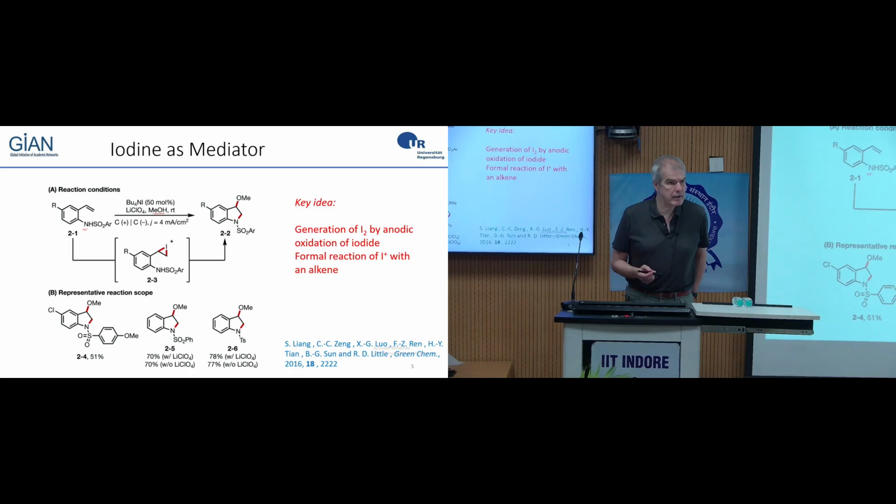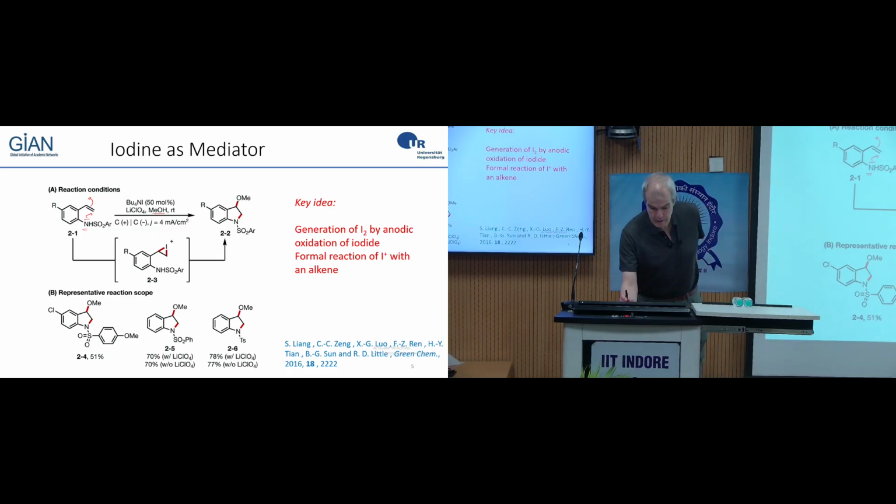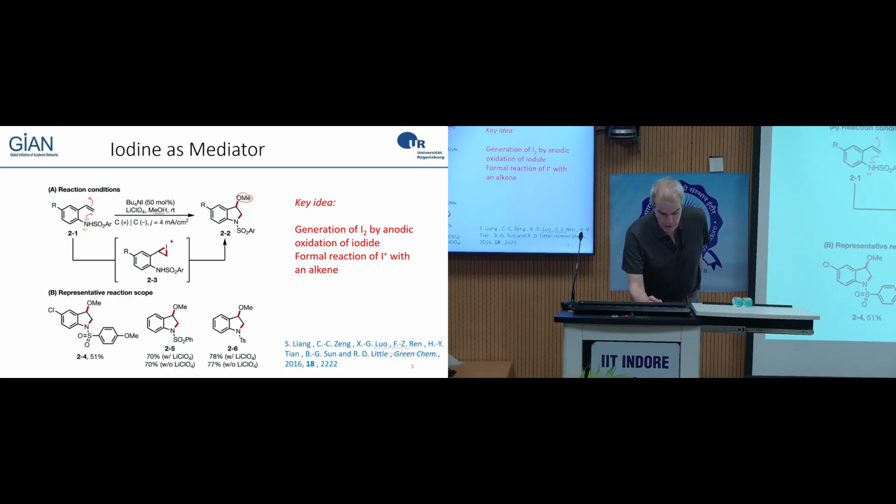And if you would do this, think about this in an ionic way, think about what you would do. If this would be the nucleophile, if this would attack here, this electron pair would go out, you would have a negative charge. If you want to bring in this now, what would be the synthon you need? If you think about this, so you have a nucleophile, the nucleophile attacks the double bond, you would have the negative charge here.